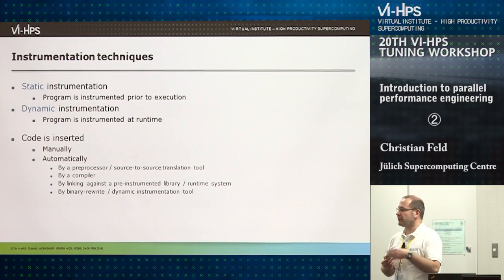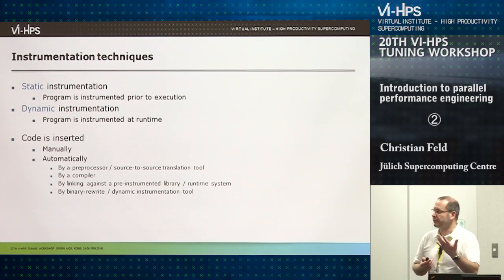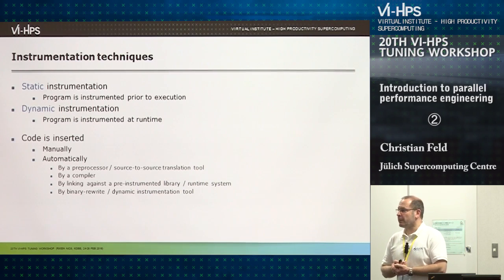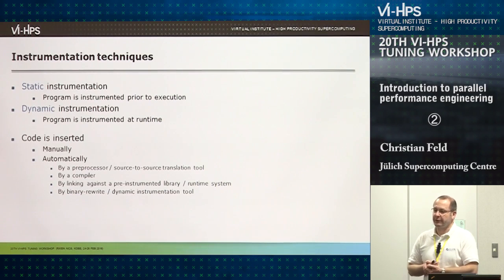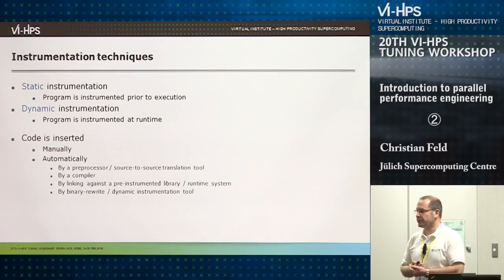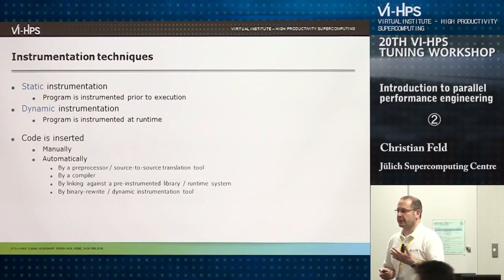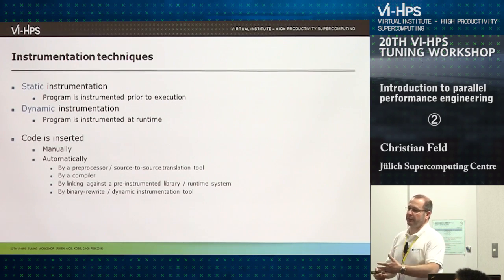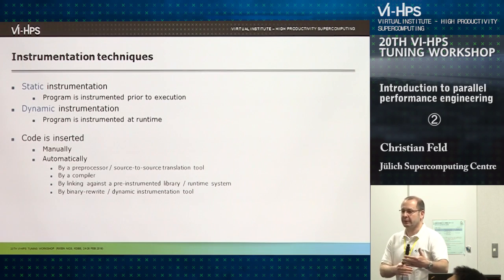As I already said, the code can be inserted manually or automatically. Manual might be an advantage. If you know your program well, you can just instrument the different phases of your program. You can instrument the initialization phase.